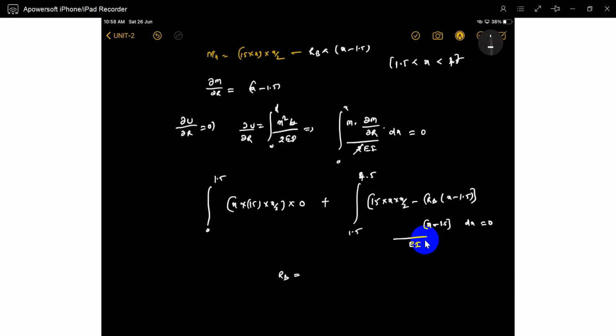It is definite integration, no need to do it myself, you can do it easily. So do it and find out RB is 48.21 kilonewtons.